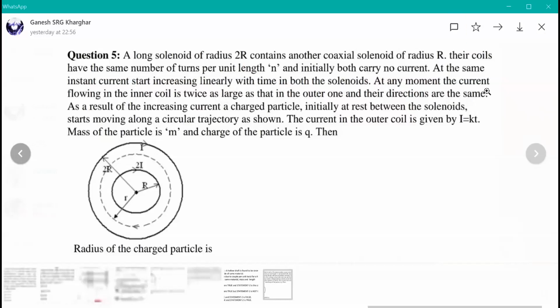So read very carefully. You have two coaxial solenoids and the current in them is varying with time in a particular way. Then I'll give you a hint about what is happening here.